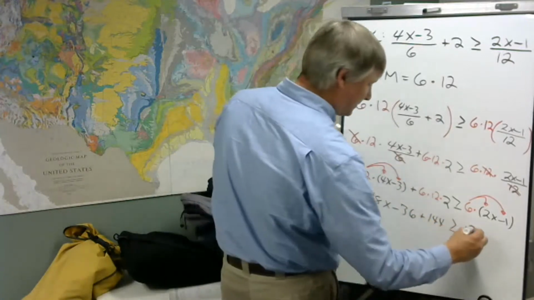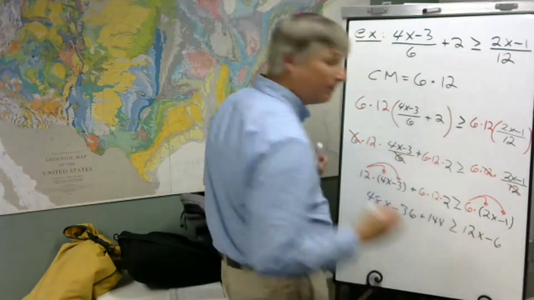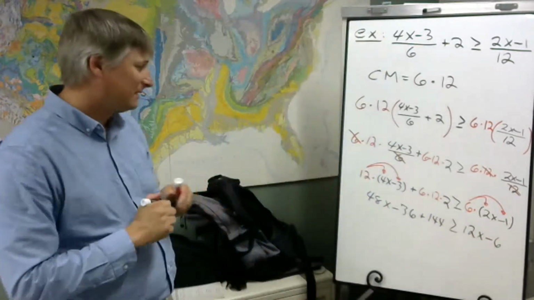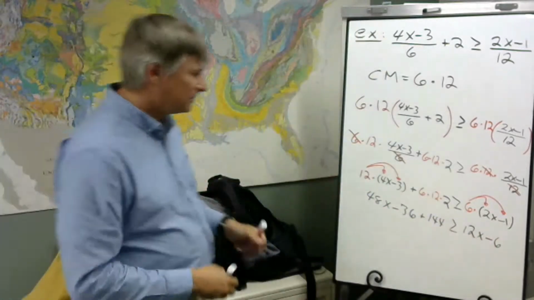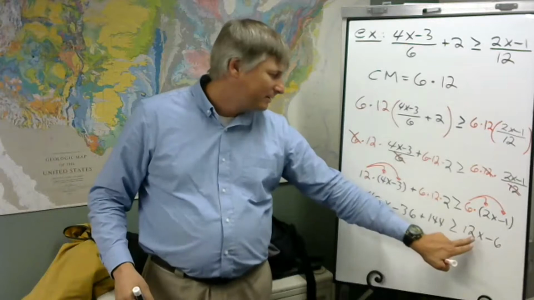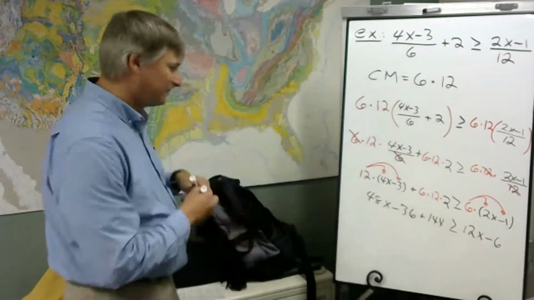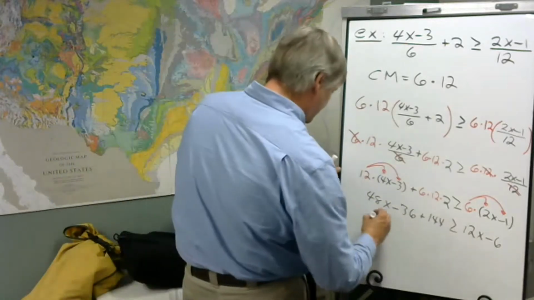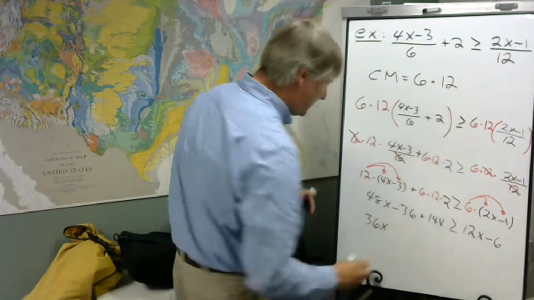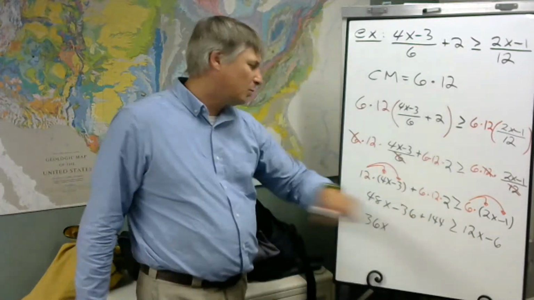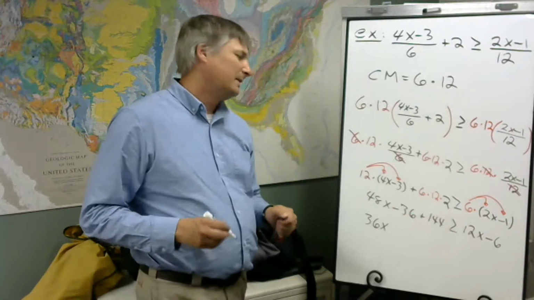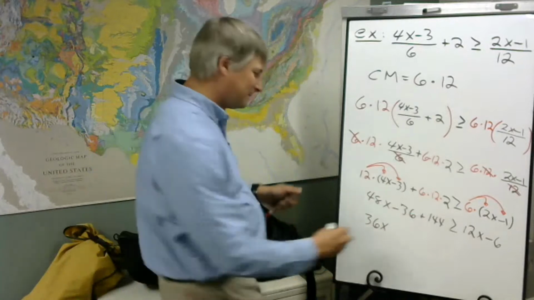This will be 12x minus 6. Do we want to combine like terms? Let's subtract 12x from both sides. We'll get 36x. And then this is negative 36 and this 144. Let's see, it's going to be 108.